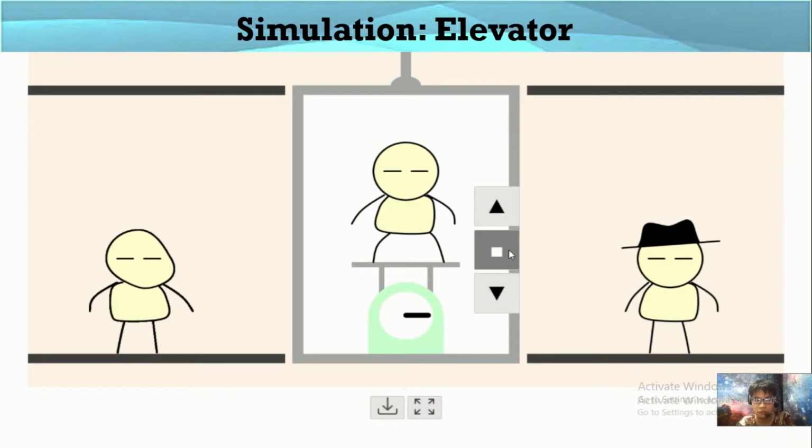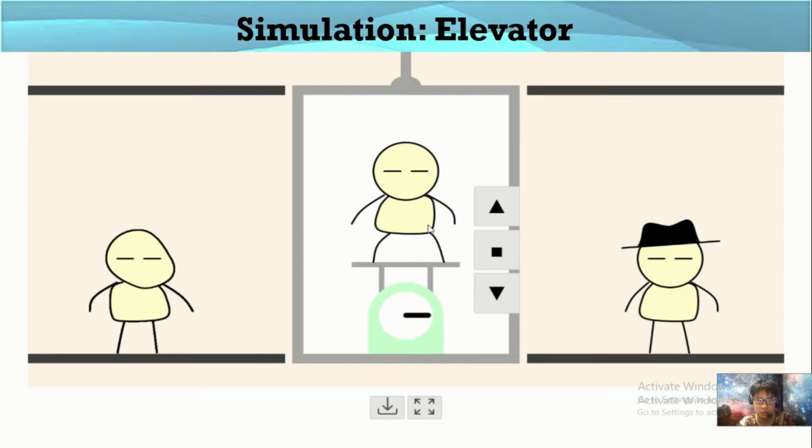The body of the person inside the elevator tries to maintain its initial state of motion, which is moving upward. So when the elevator stops, the body tends to still move upward momentarily. Okay? So by the moment that the elevator stops, the body still continues to move upward.